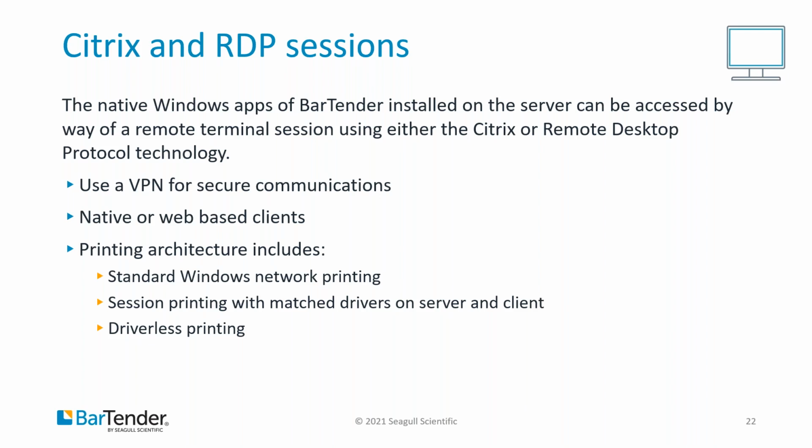Or they can choose a remote session, Citrix or RDP, to run the software in the cloud, and therefore have no BarTender software installed on their local PC. However, to do that, they would typically need to have a VPN connection, so a secure network connection between themselves, the workstation client user, and the cloud server.